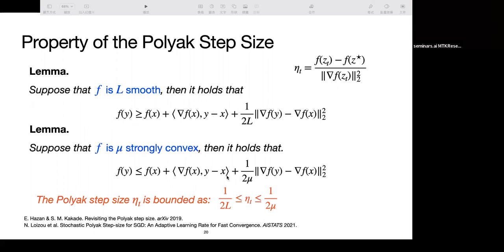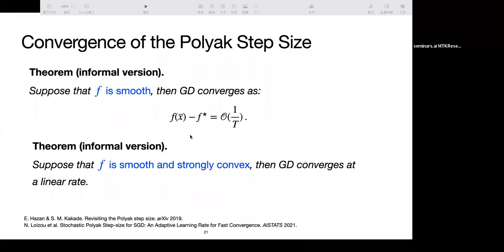And this is also the key property to prove the convergence. If the function is smooth, then gradient descent with the standard Polyak step size converges at the sublinear rate, big O 1/t. And if the function is smooth and strongly convex, then gradient descent with the Polyak step size converges at a linear rate.